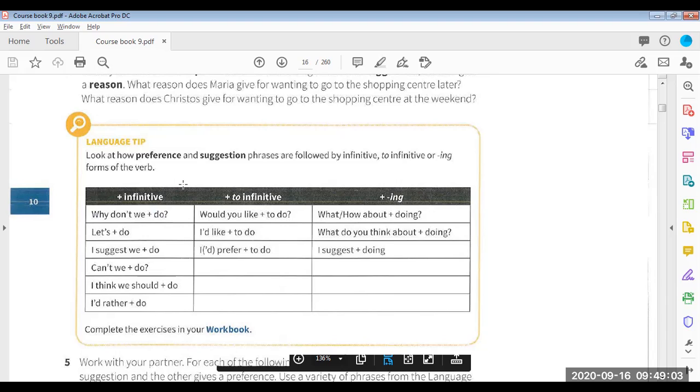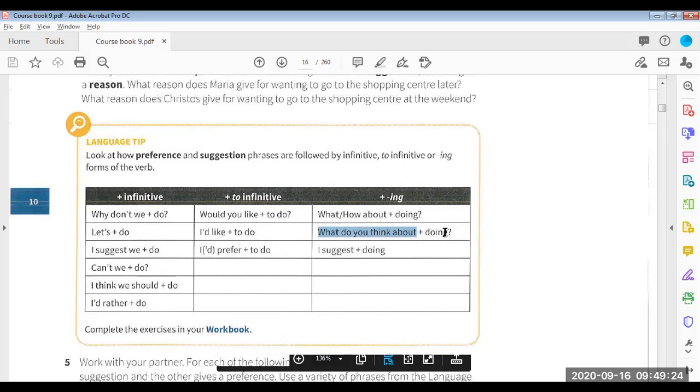Then the third structure is starting our sentence with a preference phrase or suggestion phrase, like what do you think about. This is the suggestion phrase, what do you think about. And then the ing form of the verb, doing.